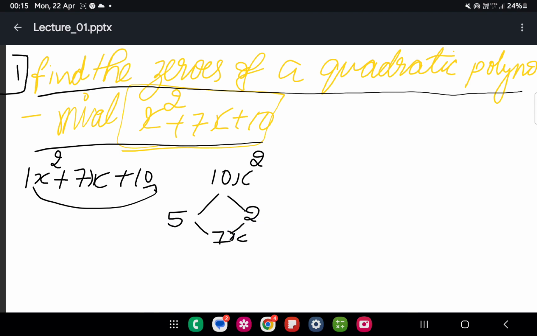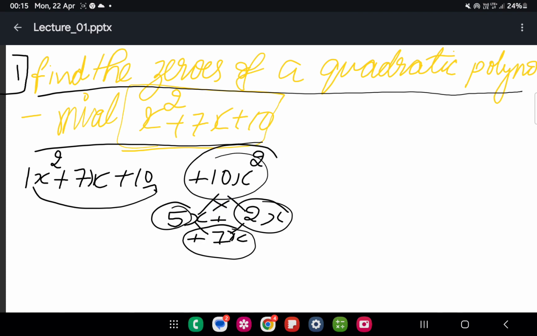Both have plus signs, so we take 5x and 2x. If we add 5 plus 2, you will get 7x. If you multiply 5 and 2, we get 10x square.